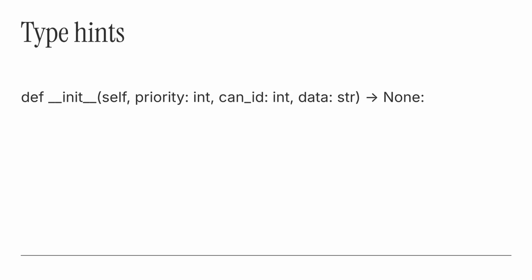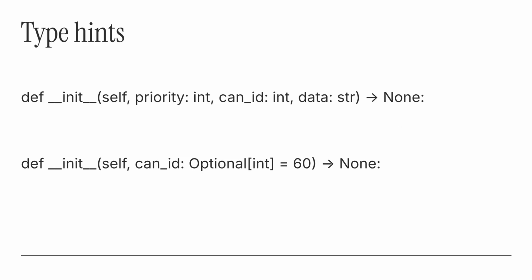It does not return a value, so it returns None. This is actually required for the init constructor method, which shouldn't return a value. This is another example showing an optional argument. It's also possible to create hints that allow different types of variables. Adding these type hints can be particularly useful for IDEs, which can warn you if you try and pass the wrong data to the method.